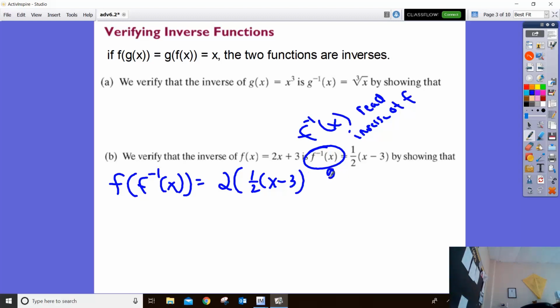It's the second function. We got what, plus 3? Can you distribute that 2 in? You distribute it to all 3 pieces or just the leading piece? Just the leading.